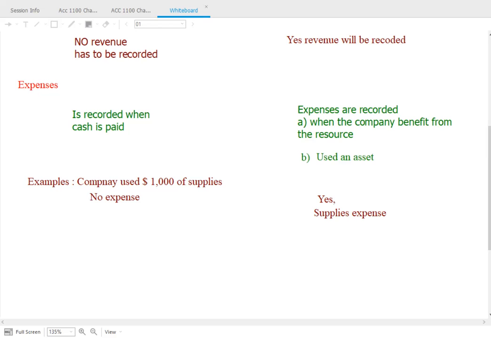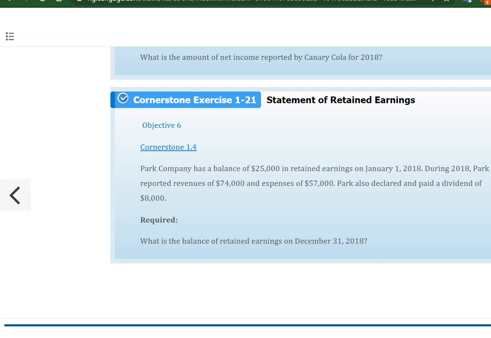Assume that the company purchased equipment for $10,000. Is this considered an expense under the cash basis or not?